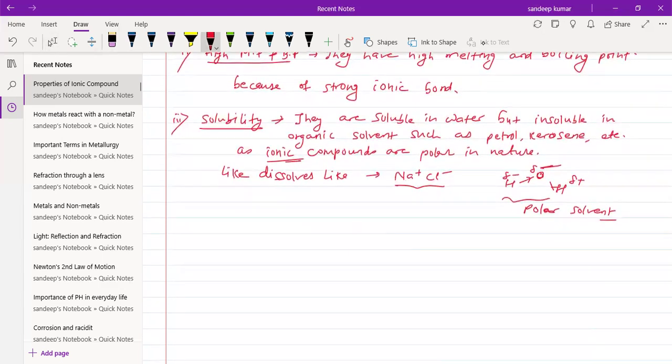And the last property you can say is conduction of electricity. See, children, generally they act as insulators in solid state, but they conduct electricity in aqueous or molten state.